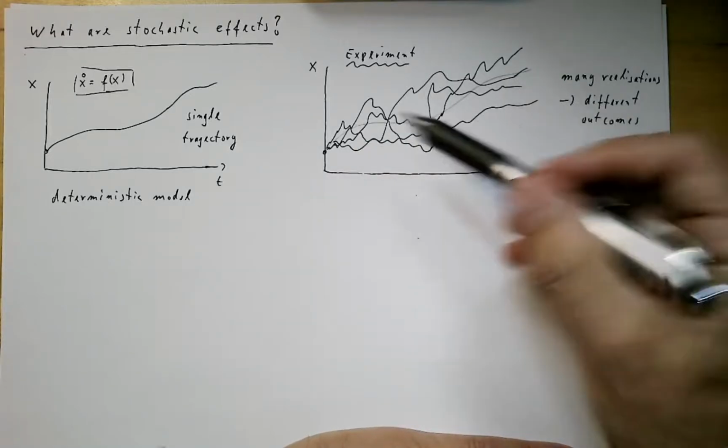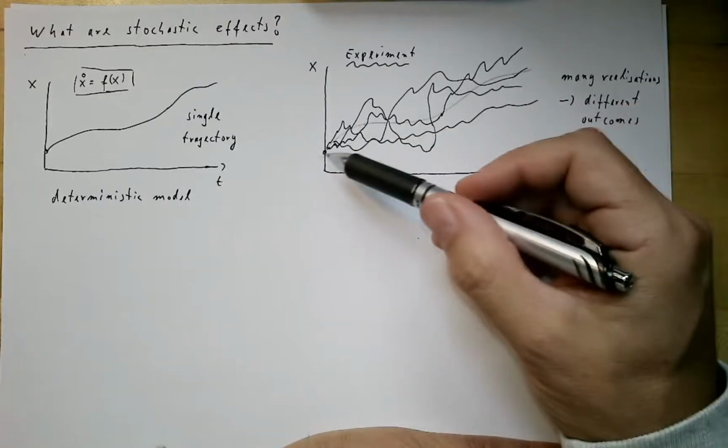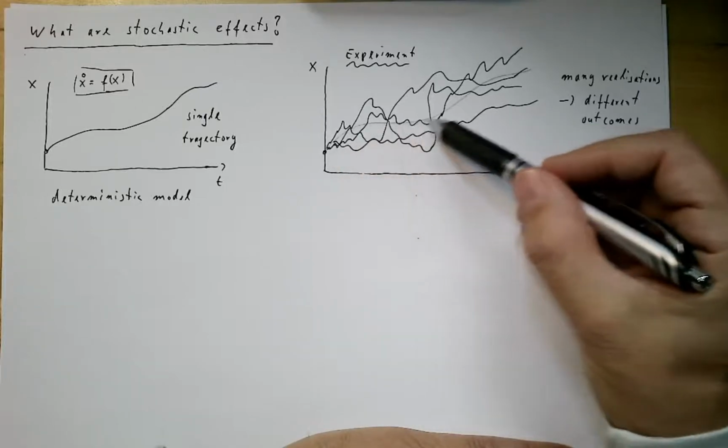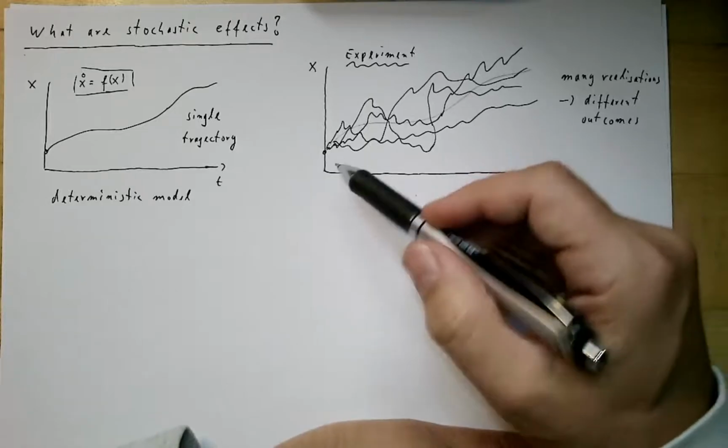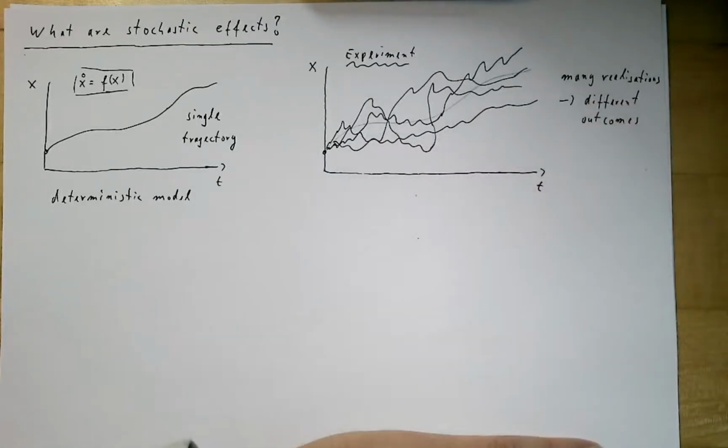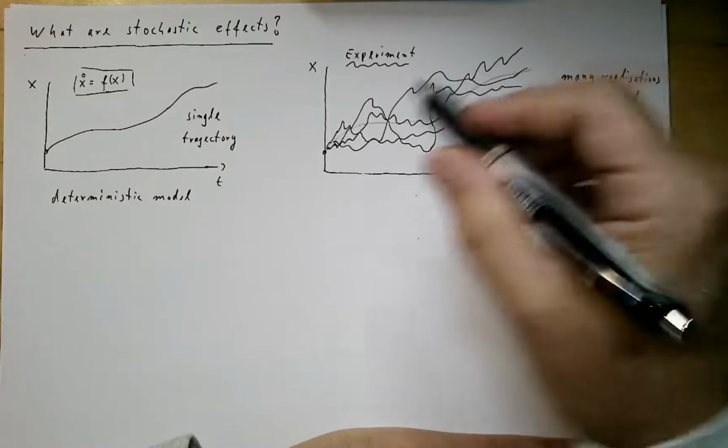Of course, this scatter depends on what you're doing. When you have a physical experiment, you can be maybe very close to such a trajectory. If you're in ecology or life science, you will often have very large deviations. But then there can also be surprises.